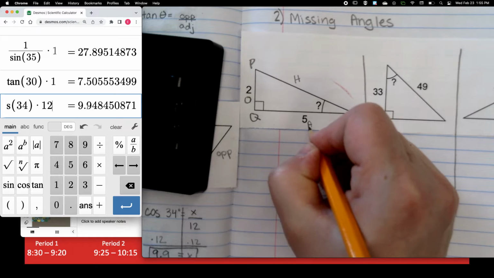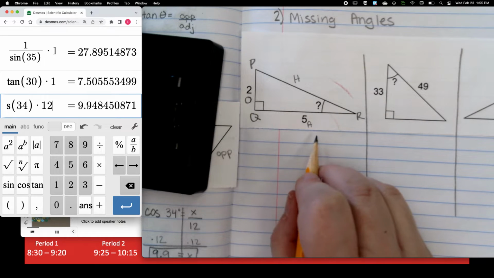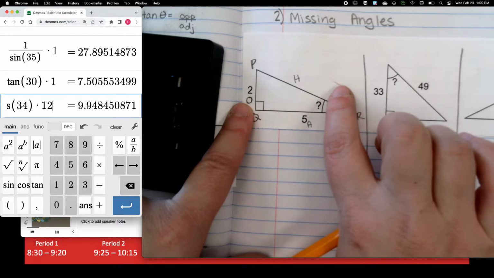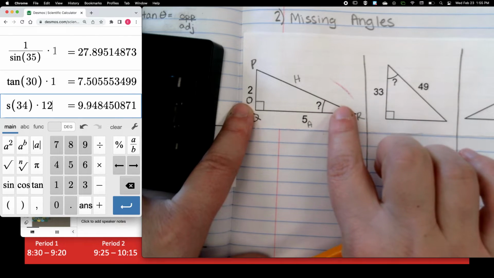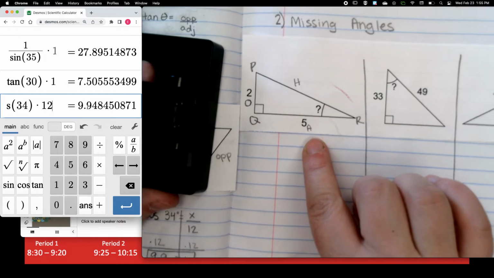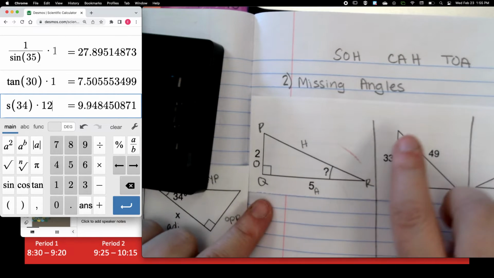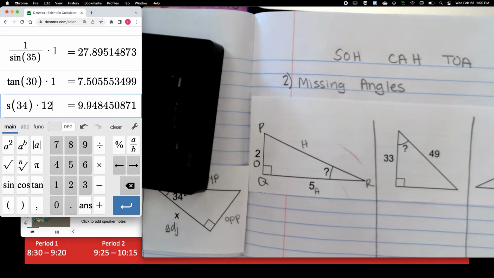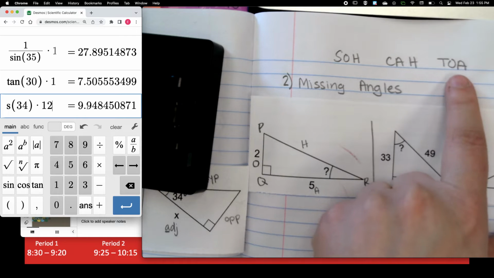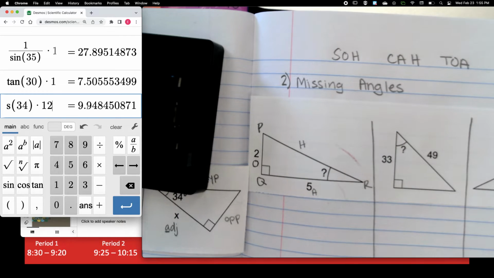So I have my opposite and I have my adjacent sides. Those are the two sides I'm given. I need to find the angle measure of this angle. So using O and A, is that SOH, CAH, or TOA? Which one is opposite and adjacent? TOA. So we're going to do tangent.